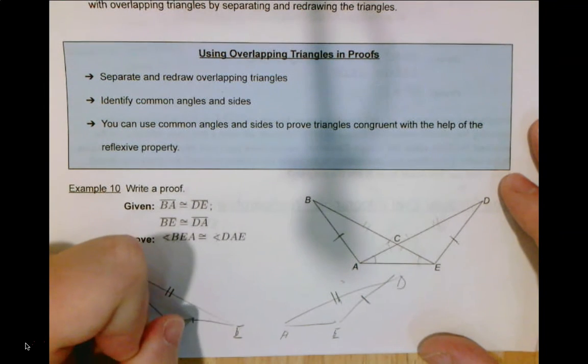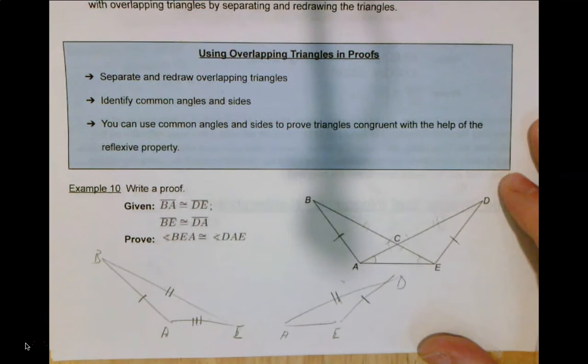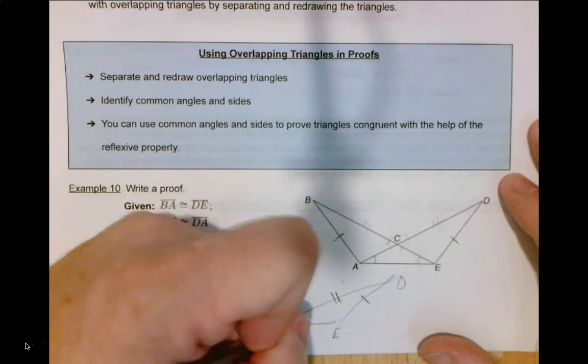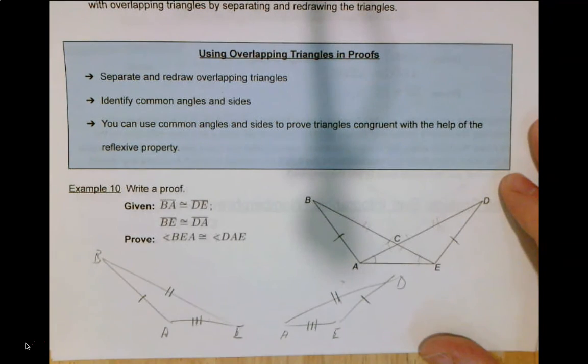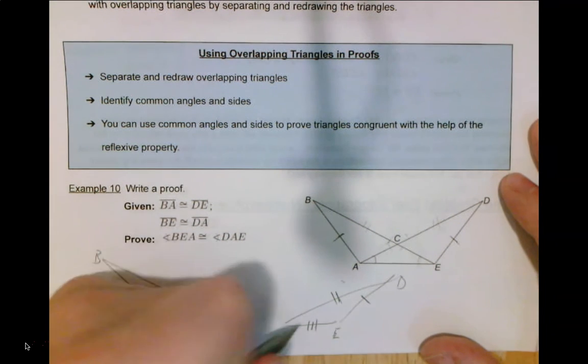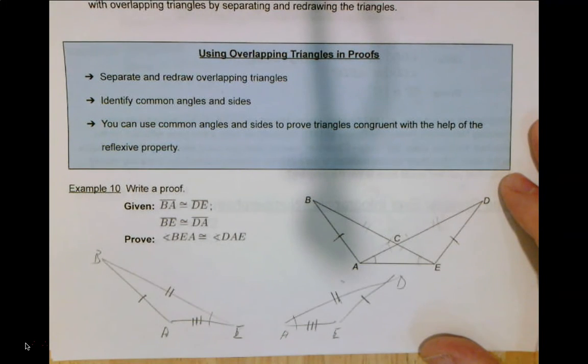Right here. Side AE, side AE. AE is still congruent to itself by the reflexive property. Once I mark that in the diagram, now you can see these 2 triangles are congruent by side, side, side. It's pretty obvious now. And that these pair of angles are congruent by CPCTC.